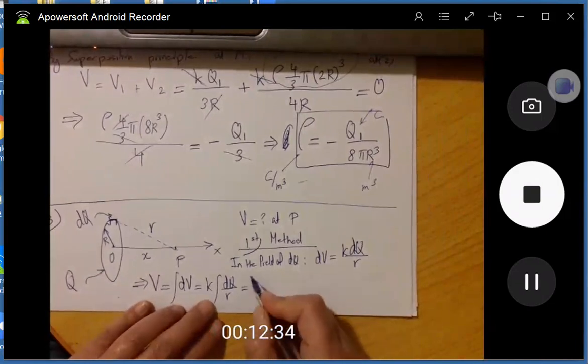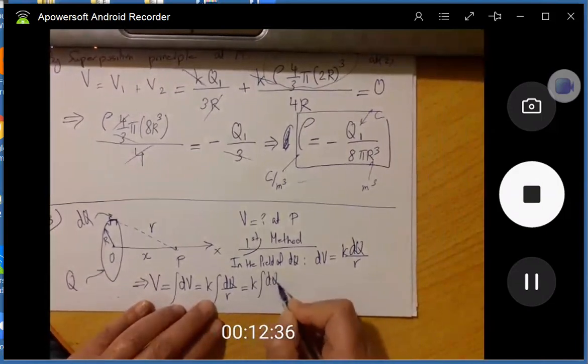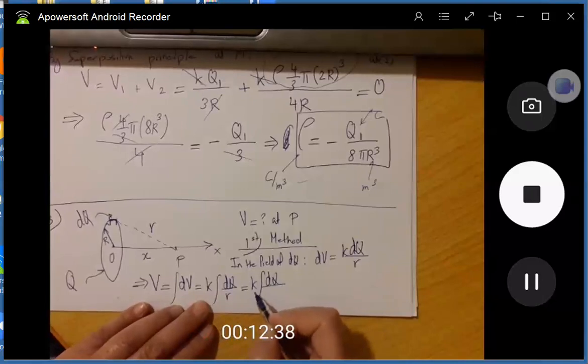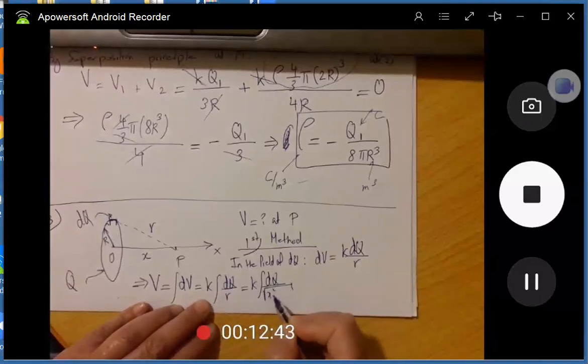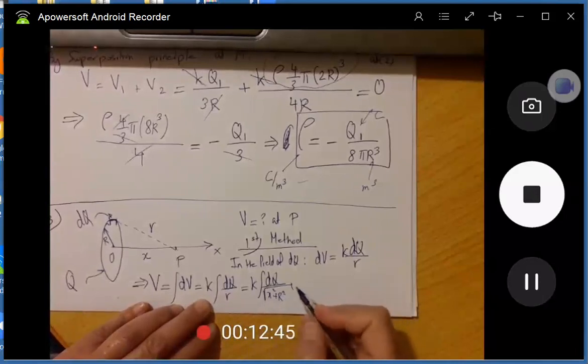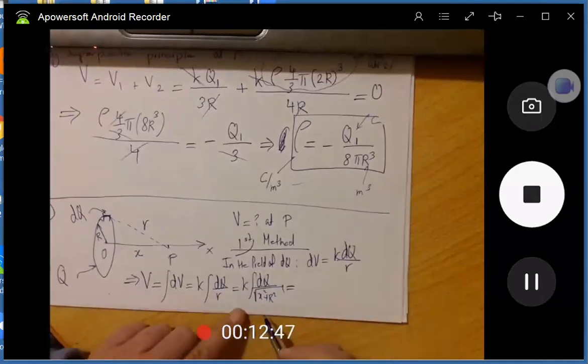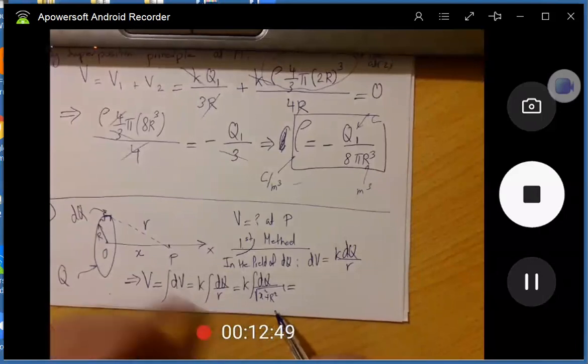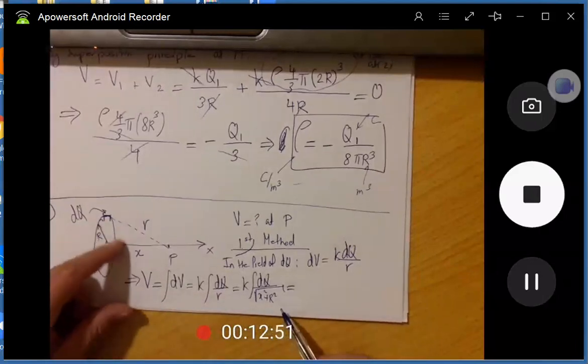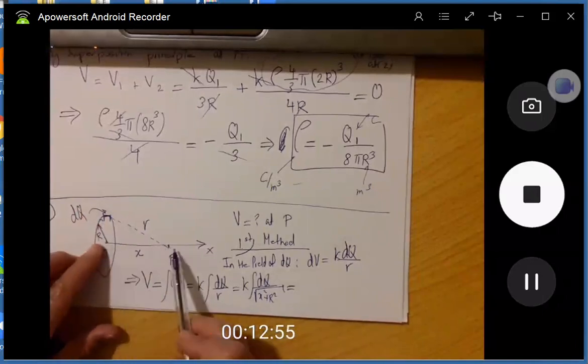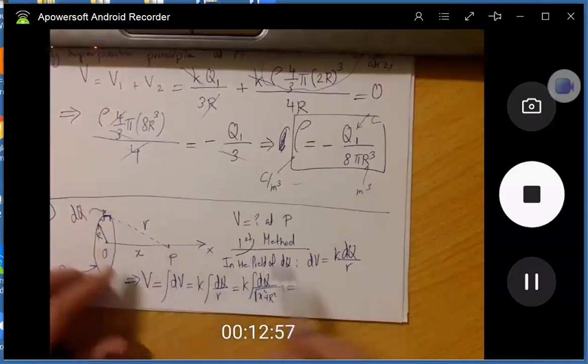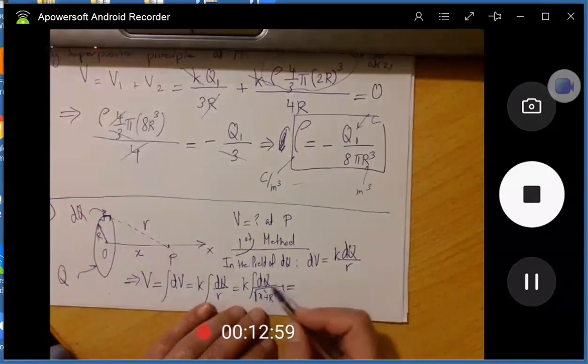Actually, what is R? So K integral dQ over R, which is actually radical x square plus R square. What is constant and what is not constant? R is the radius, fixed wherever you've selected your dq. Also this distance between the center and P is a fixed distance. So I'm able to put all of this outside.